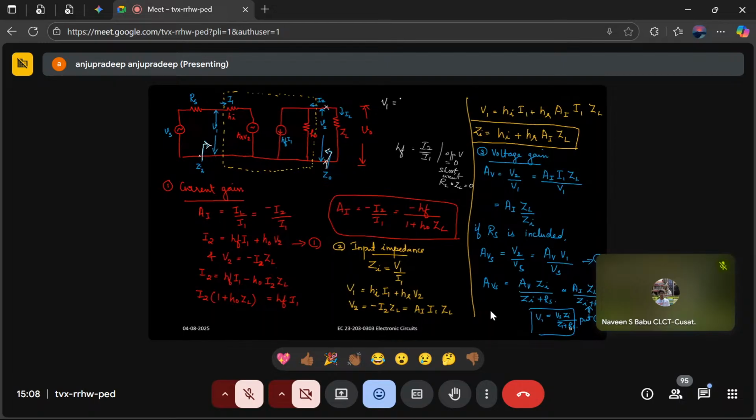V1 is equal to Vs into Ri or Zi, divided by Zi plus Rs. That is what we have substituted here. Vs and Vs will get cancelled. So it is equal to, instead of V1, it will become AV into Zi divided by Zi plus Rs.